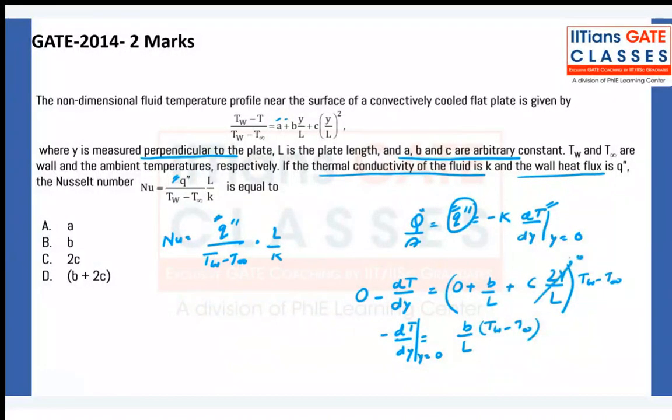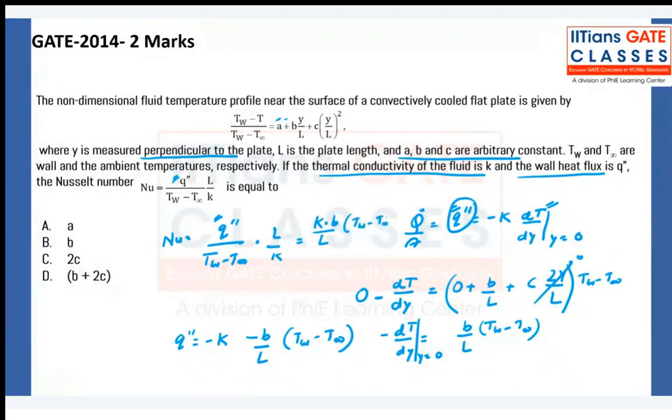If I substitute this here, q double dash is equal to minus k dT by dy, which is k b by L (T wall minus T infinity).